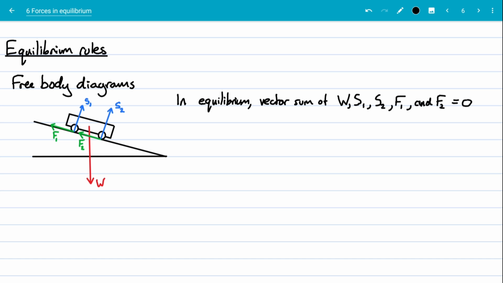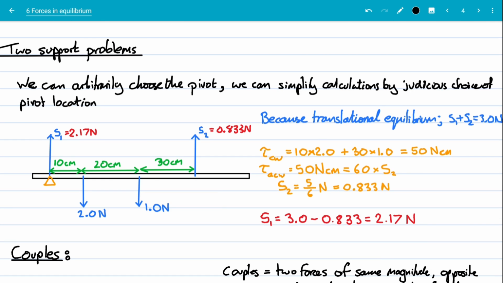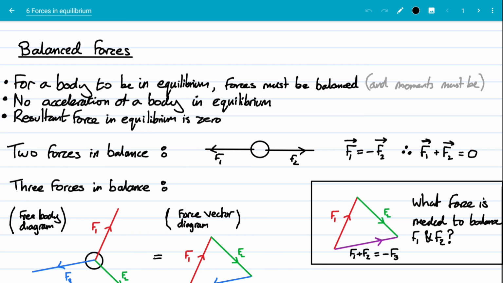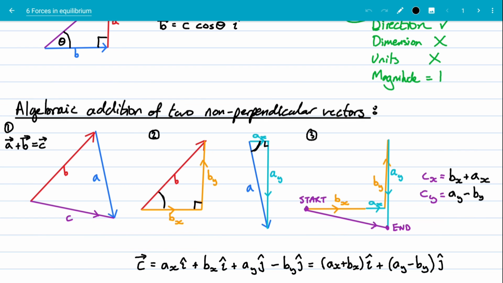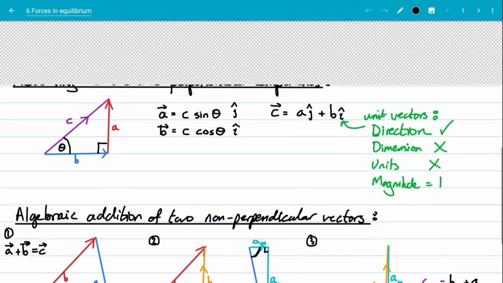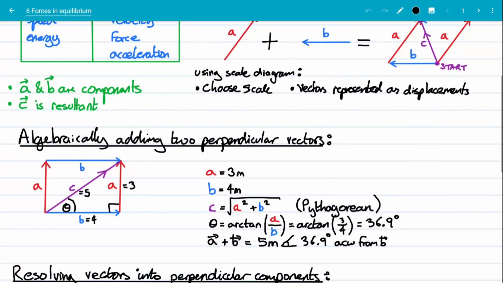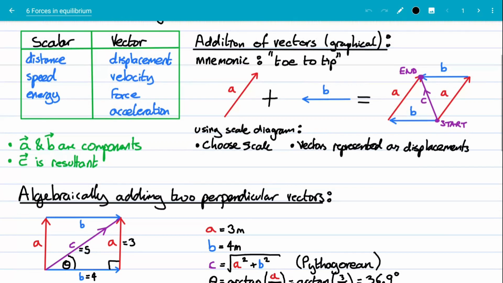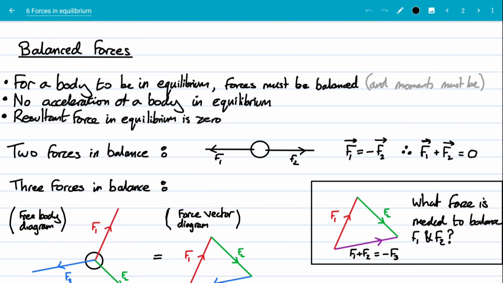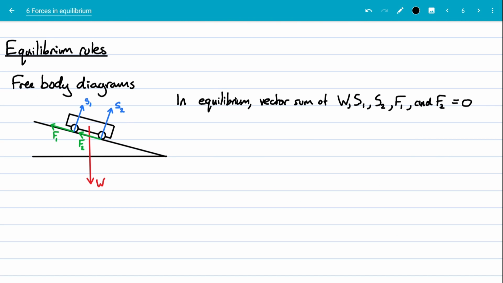Now, what does that mean? That means that if we drew all 5 of those arrows in the way that we did quite early on, I mean, which lesson was it? Let's just go back a few. Here, so we drew A plus B and we got C, and we were looking at equilibrium then. If we did the same sort of thing, adding up our vectors, drawing them the way we did back then, what we would find is that we get a closed shape.